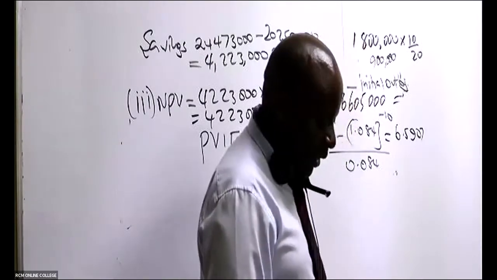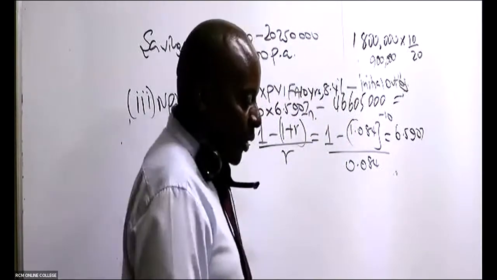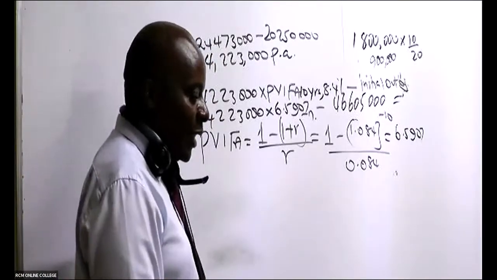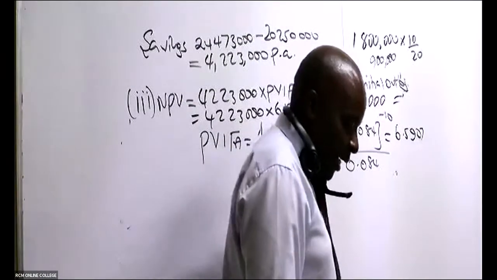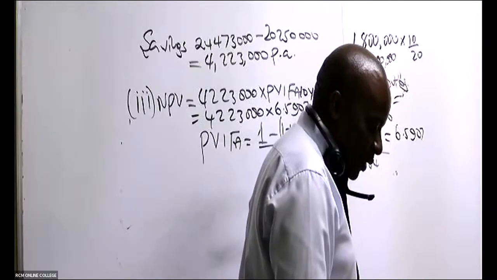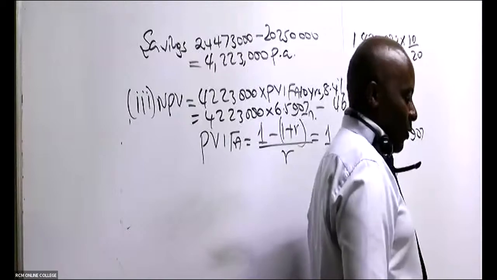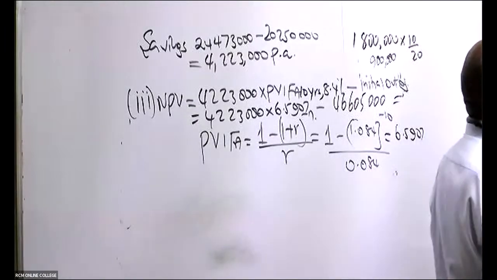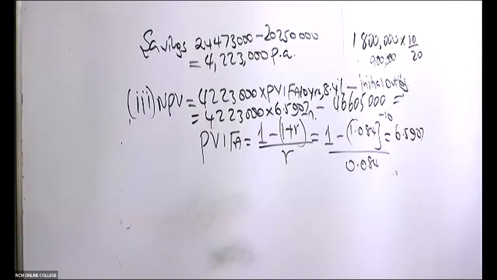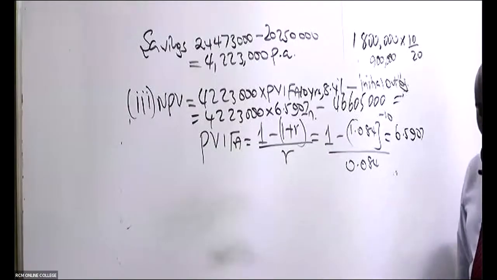It's minus 18 point something, isn't it? Very ugly figure, minus 18,772,473.9. And because it's negative, we are saying that the company should abandon the idea of the new bond and maintain the old bond.